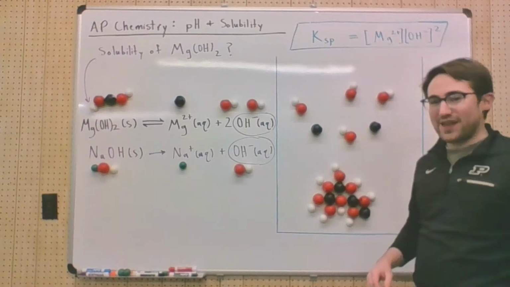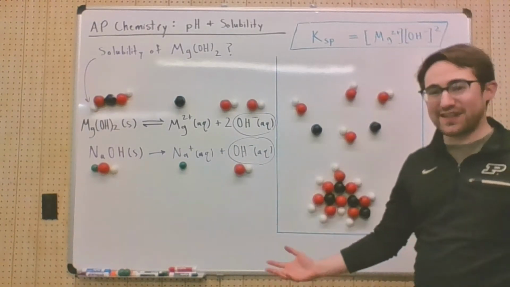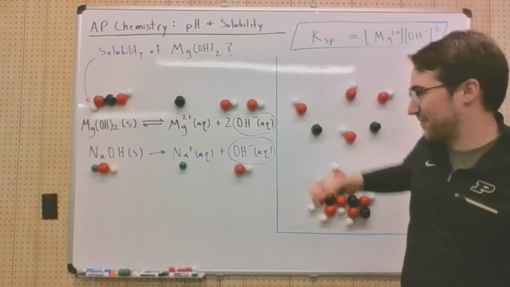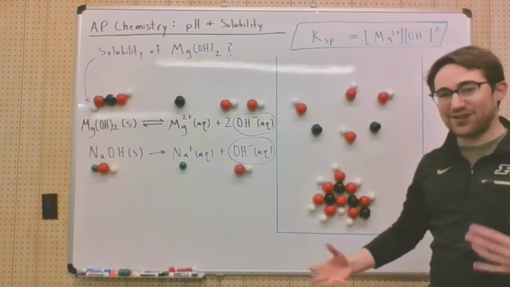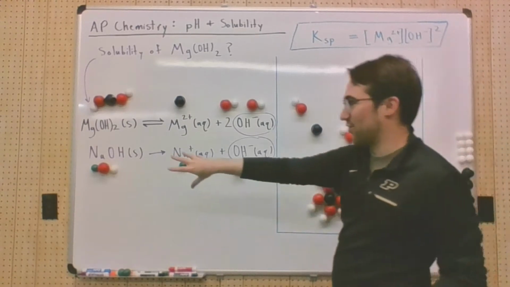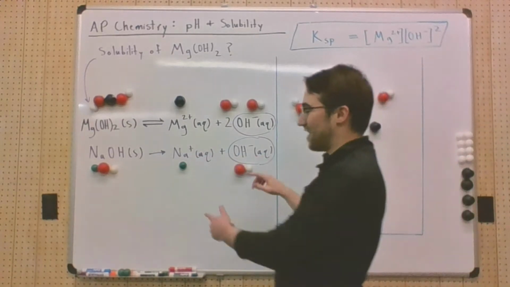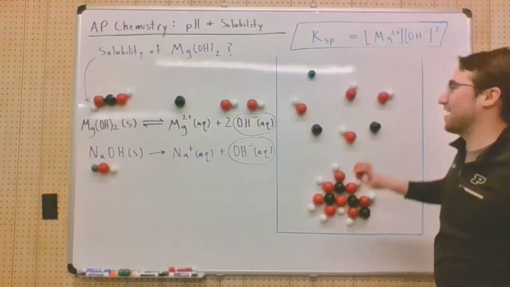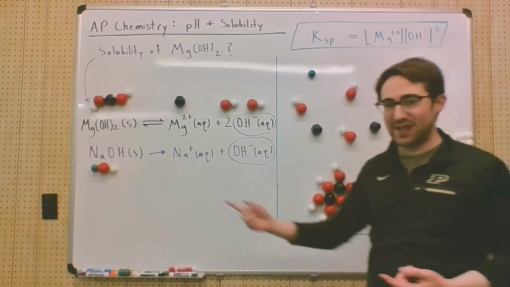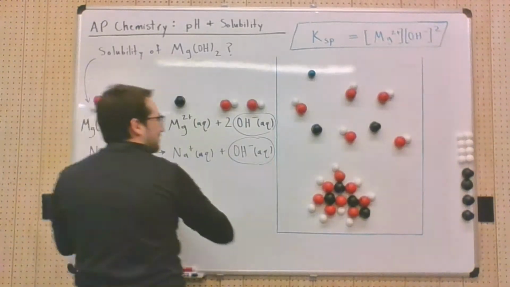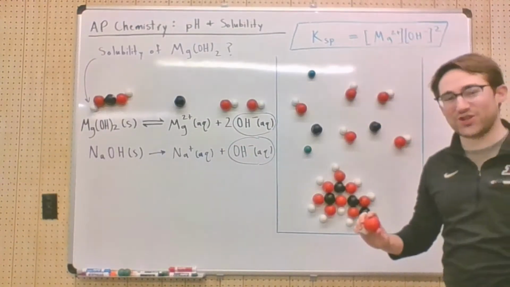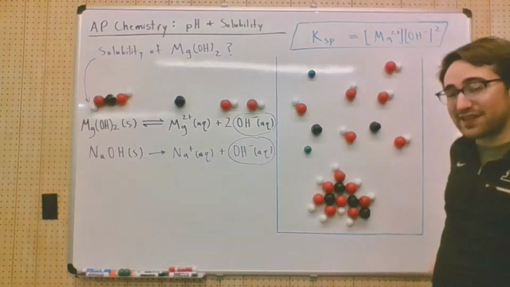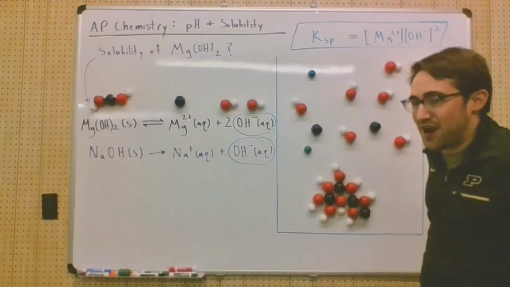So, if I'm going to throw in some sodium hydroxide into the solution, or throw my magnesium hydroxide solution into the sodium hydroxide, then it might do something like this. Since this totally breaks up, I'm going to have just the Na plus ions, along with more hydroxide ions. Same thing here. Sodium ion, hydroxide ion. I have now increased the concentration of hydroxide in the solution.